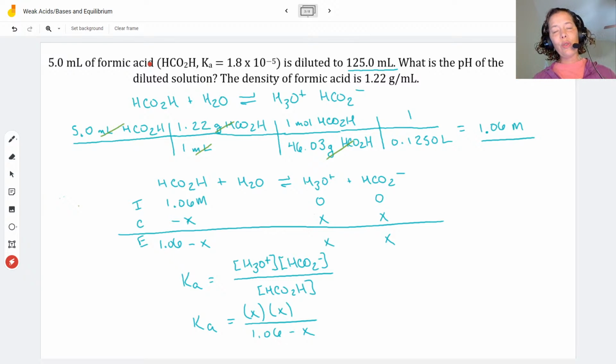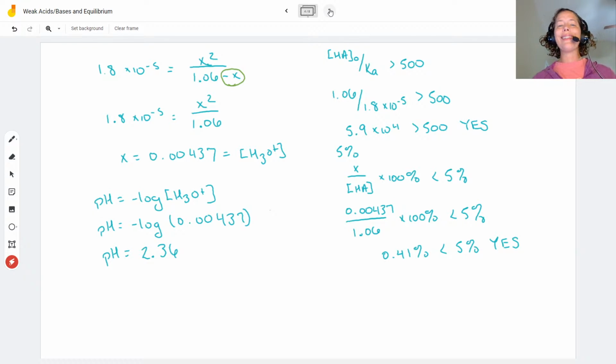We should absolutely be less than 7. So having a pH of 2.36 makes sense. So again, it's easy to get lost in all of this math and writing your ICE table and getting everything in, but make sure you stay grounded in what is happening chemically so that if something isn't working or maybe you've miscalculated something, you get a little bit of a red flag saying, hey, wait, this doesn't make sense with what is going on chemically.